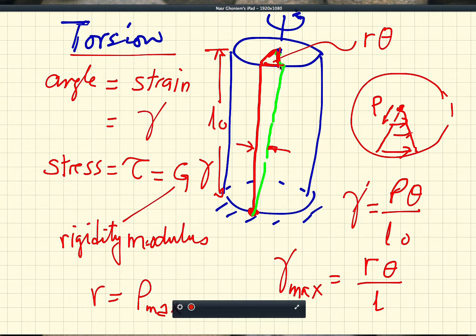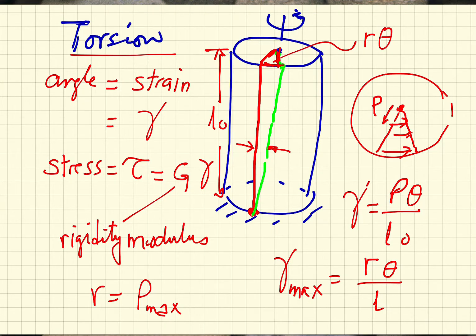So if you look from the top, you have a triangle that is defined by theta. The distance that we describe here is r theta. So if we look at this length of the chord, it is r theta. That's the maximum value of the length of the chord.